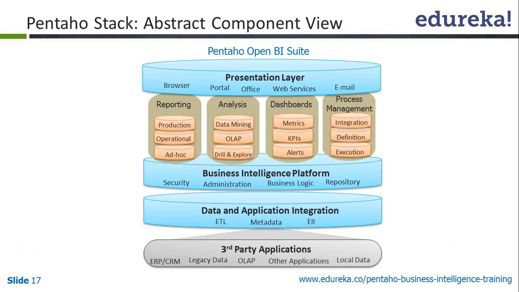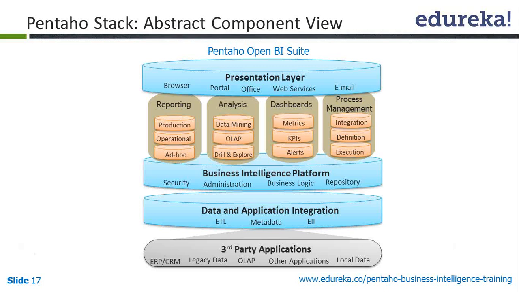Here we'll see the abstract component view of the Pentaho BA suite. The first layer is the presentation layer, so you can have it on the browser, with your reports and dashboards available there. For reporting, we have operational reporting and ad hoc reporting, and for analysis we have drill down, explore, and OLAP.